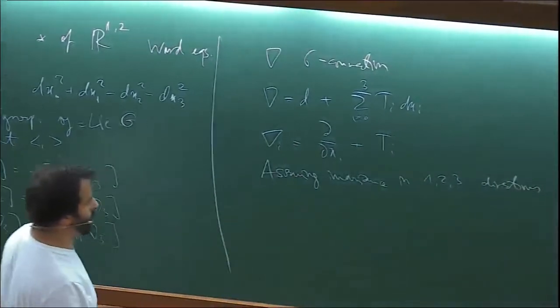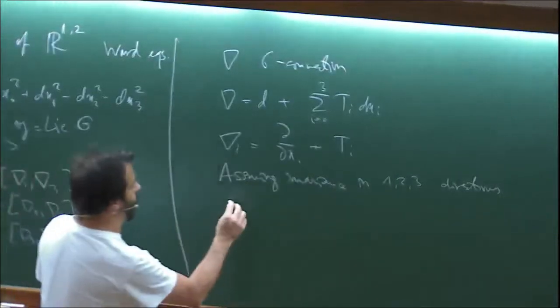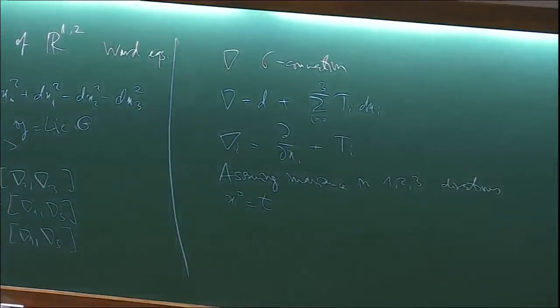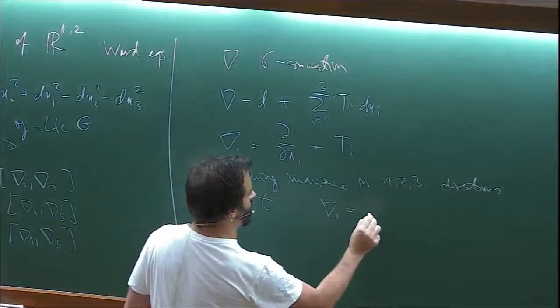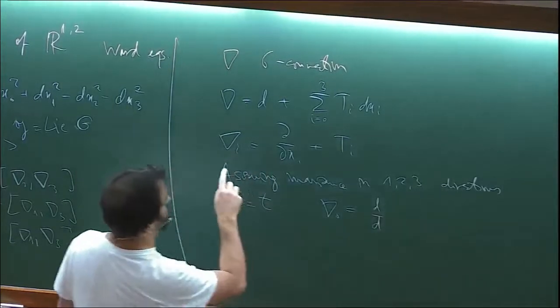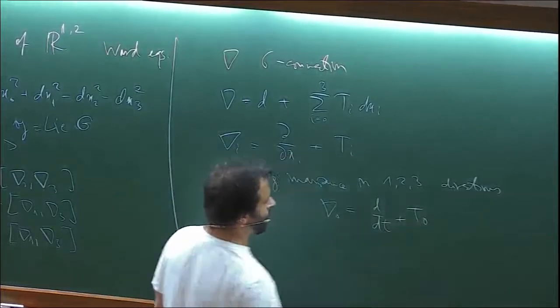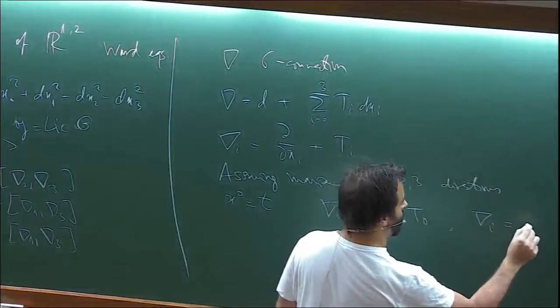Then you get a system of differential equations for just one variable, x naught, which I'm going to denote as t. So delta naught becomes that, and the other ones are just ti.